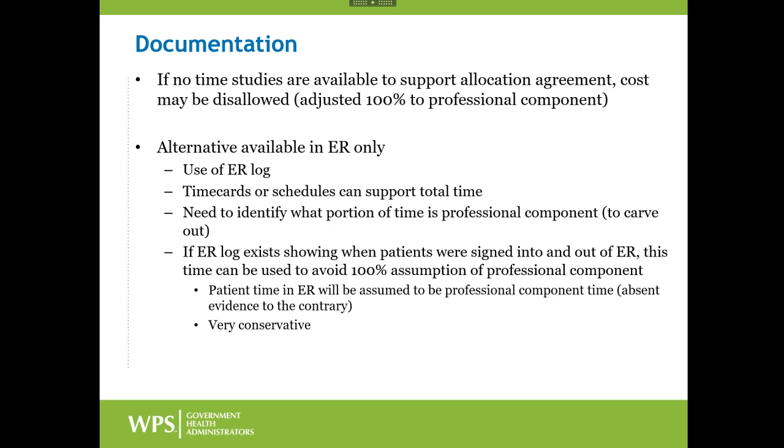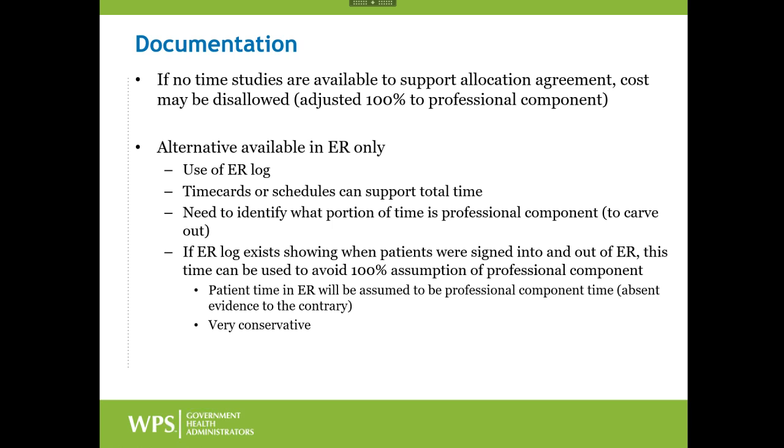Now, if no time studies are available to support the allocation agreement, if no time studies or other documentation, ongoing time report, whatever, if nothing is available, then that cost may be disallowed, which means it'll be adjusted 100% to professional component because we have no documentation supporting that anything was provider component.